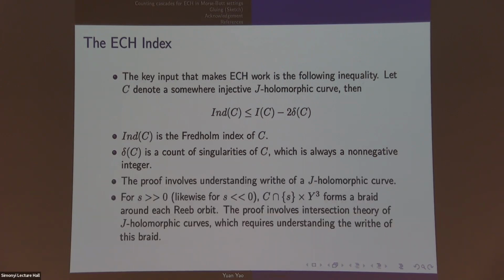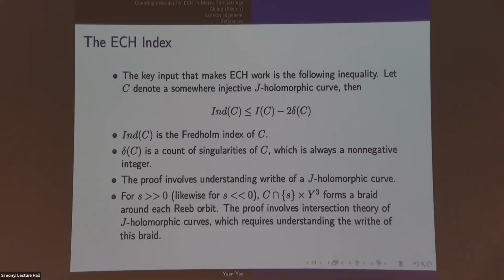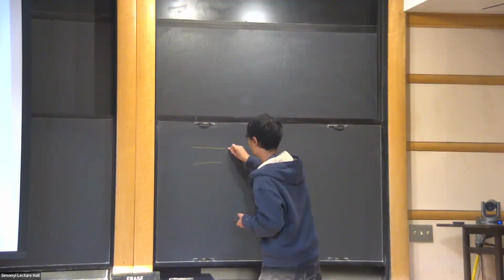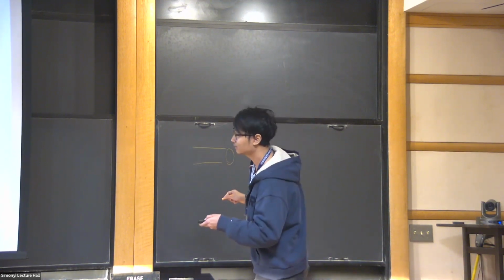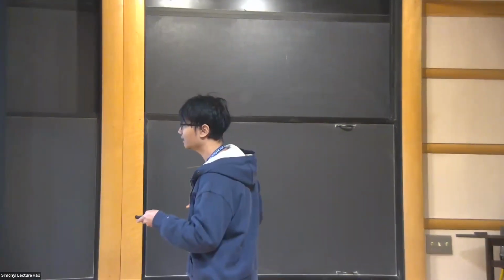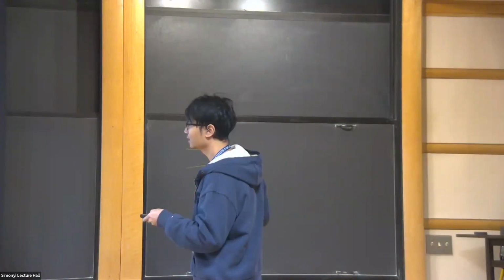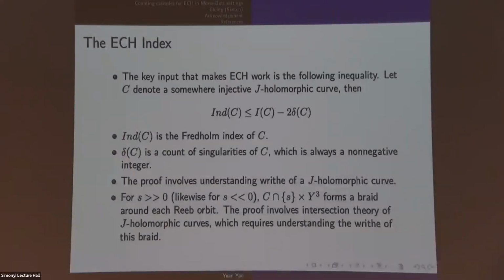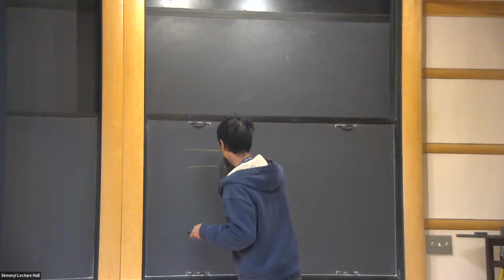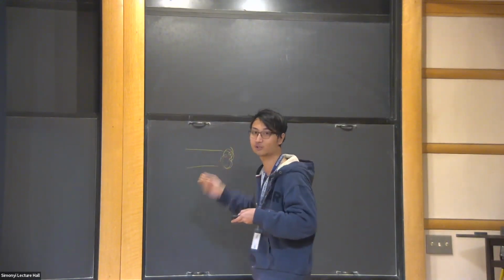So let me just say what goes into this proof. What goes in is understanding intersection theory in 4 dimensions. And specifically, it needs to understand the writhe of a J-holomorphic curve. As I draw here, if you have a holomorphic curve that converges to a Reeb orbit, then for fixed s, the intersection of a J-holomorphic curve with a slice of the symplectization forms a braid around each Reeb orbit as s goes to infinity.